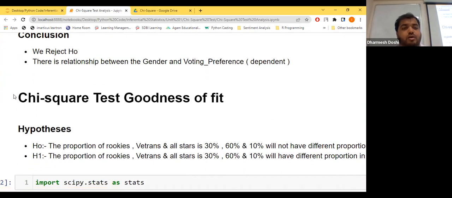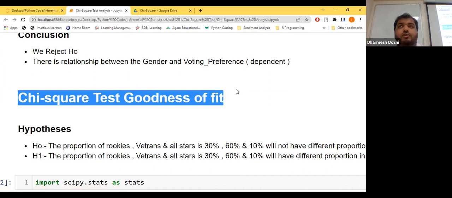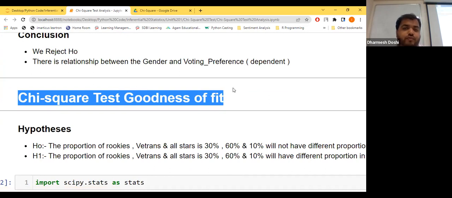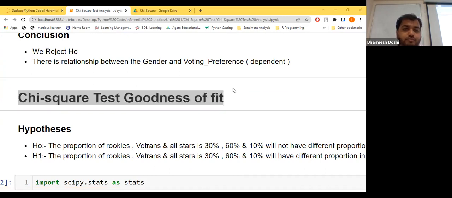Next. Here we have chi-square test of goodness of fit. For goodness of fit, we have taken this task. An Acme company claimed a baseball card.